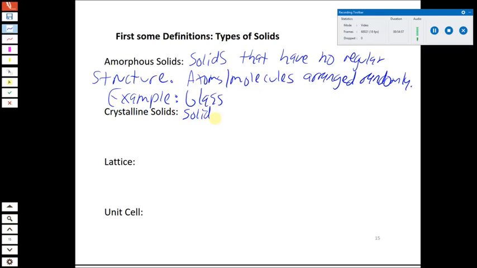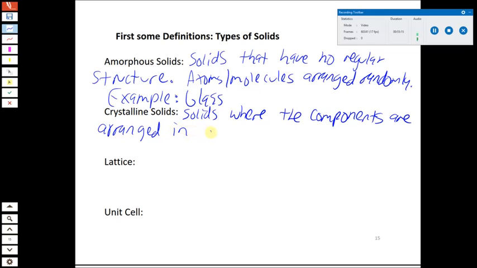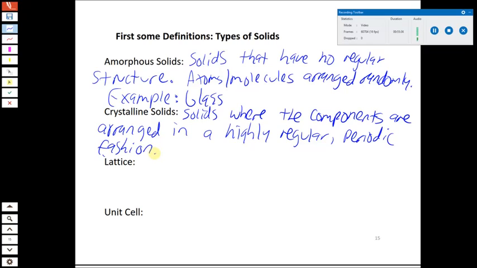And these are solids where the components are arranged in a very regular fashion, in a repeating fashion as well. All right, what I mean by periodic fashion is that you have units that repeat themselves over and over again as you go through the entire structure.